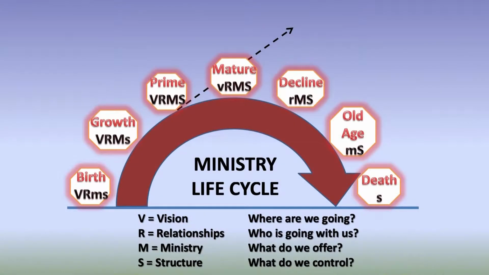So, with different phases, different stages in an organization's life cycle, we have the birth phase. I want you to note that it has high V and high R. What does that mean? Here are the little words that go with it. High vision: where are we going, who's going with us, what do we offer, and what do we control?